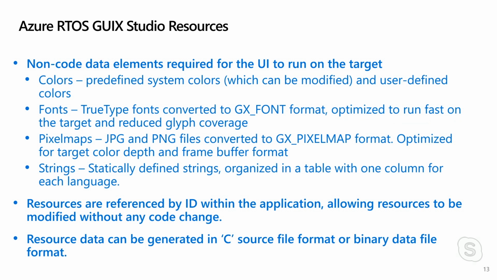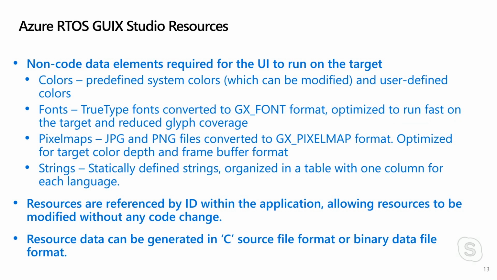So basically, we convert all these things to GUIX data types just to remain as optimized and fast as possible. We're running on these really constrained devices, so speed is everything.